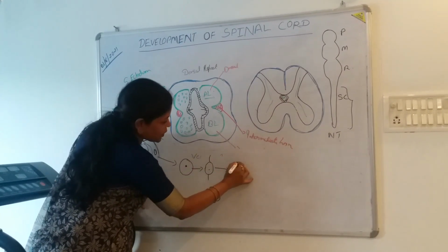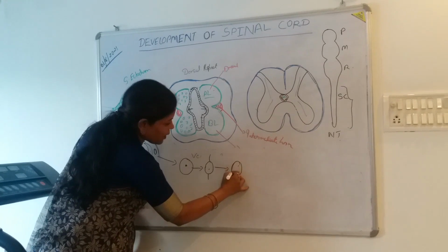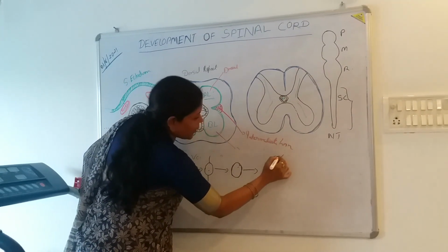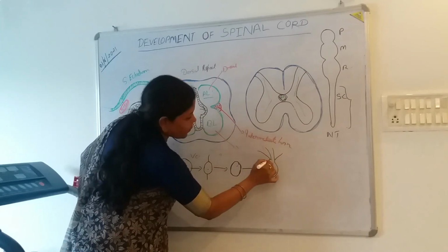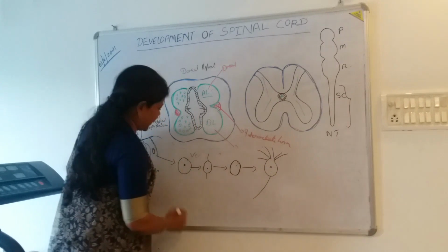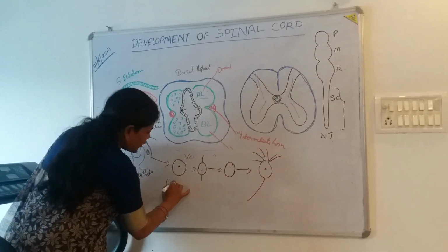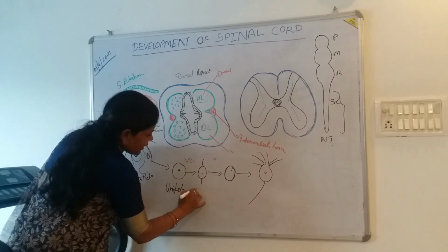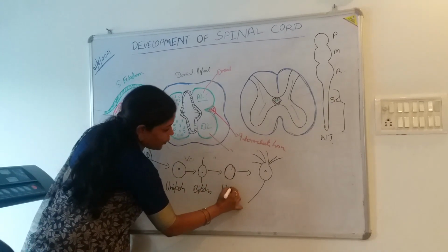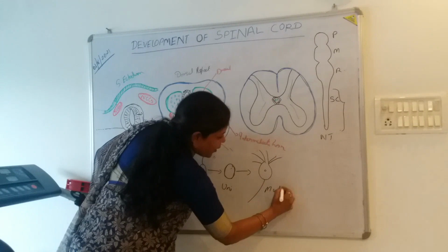Again it becomes unipolar. And later again it becomes the multipolar cells. Okay. So this is the pattern. This is the unipolar. Again this is the bipolar. Again it becomes the unipolar and then it becomes the multipolar.